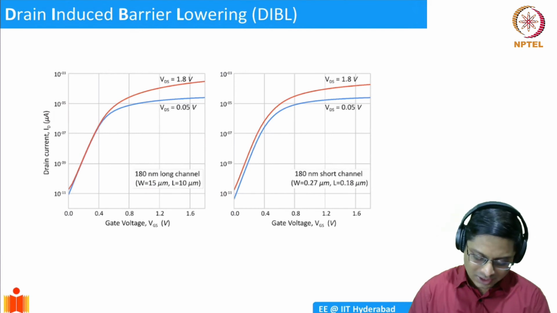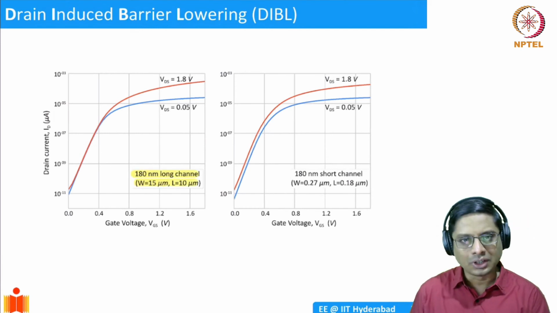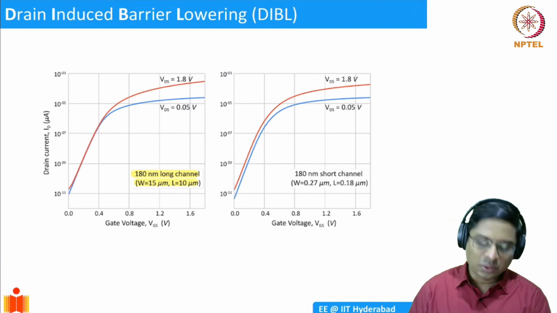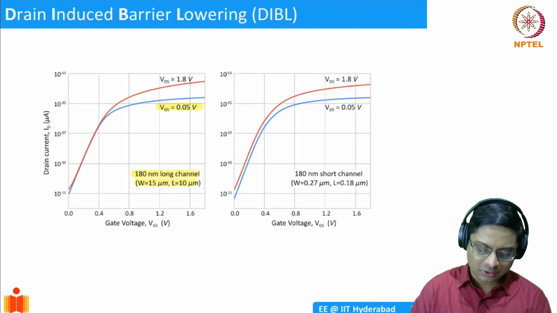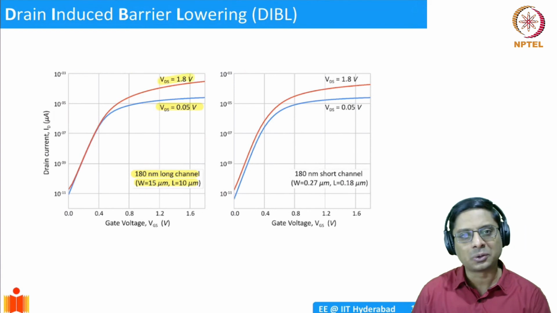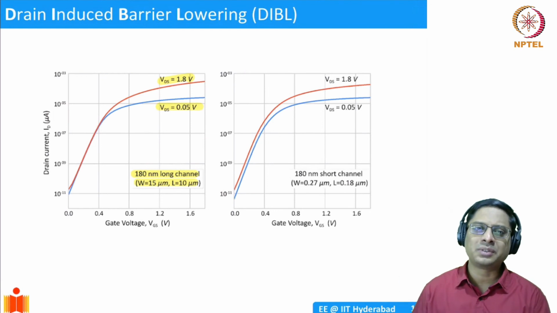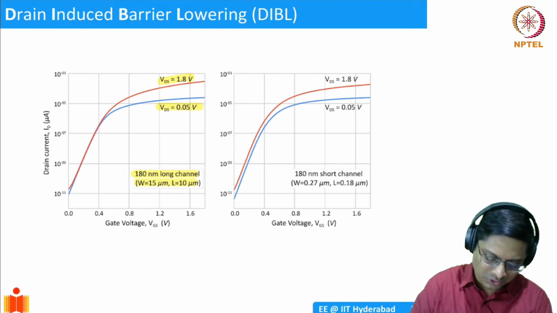If you have a long channel device, 10 micron long, and you measure the ID-VG at two different drain biases, 50 millivolts and 1.8 volts, we're simply changing the drain bias. As we discussed, when you turn on the MOSFET, there's going to be a stronger current. That is okay, that's what you see here. This increase in the current is expected.